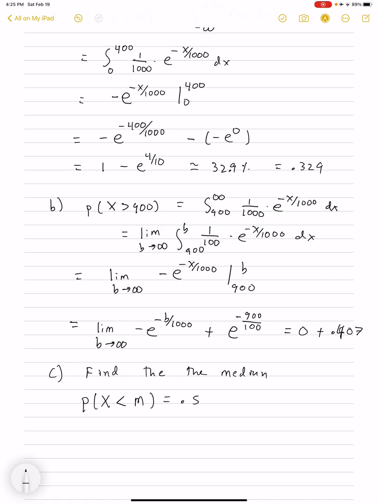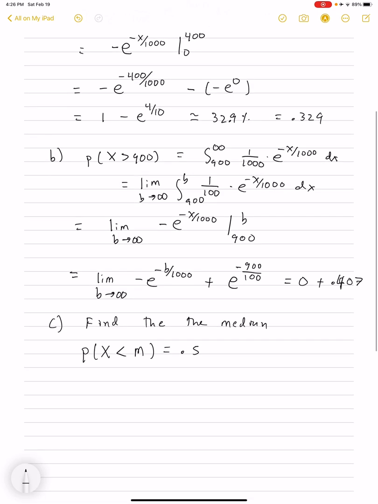The median is the point that divides the data set into 50% probabilities, 50% above, 50% less. Well, this just means that the integral from 0 to m of 1 over 1,000 times e to the minus x over 1,000 dx is equal to 1/2.